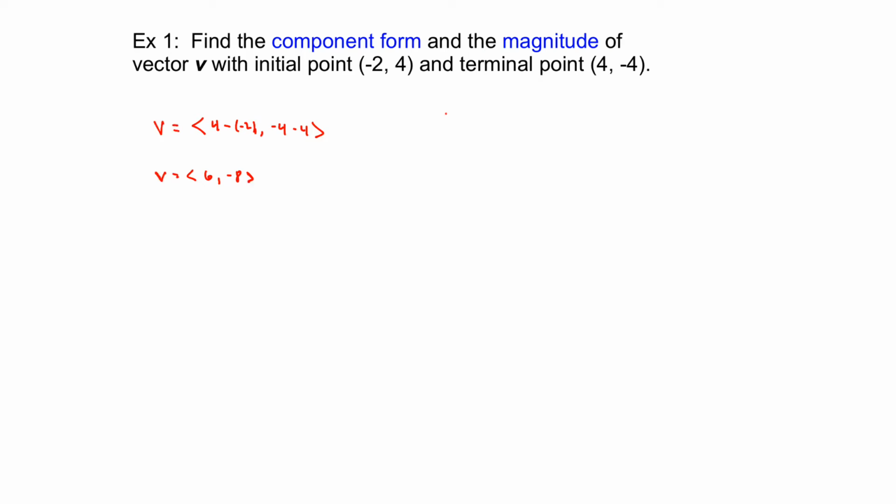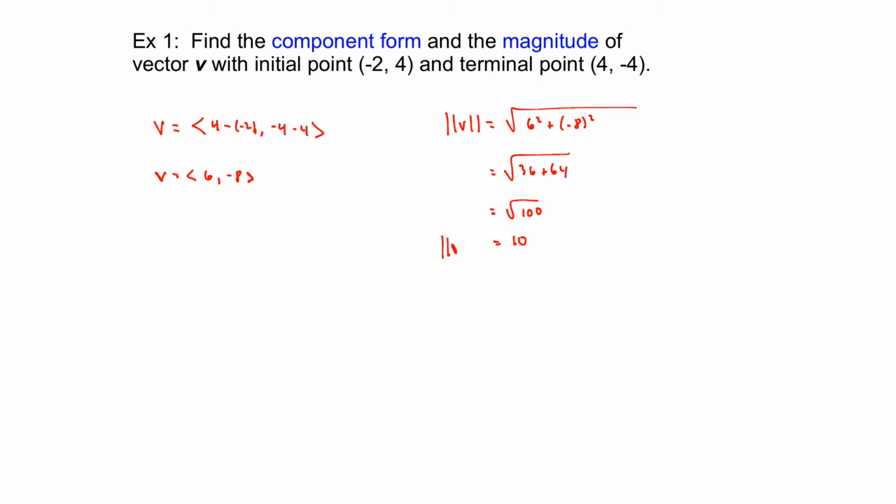Now to find its magnitude, we're going to use the distance formula. We've already done the subtraction when we did 4 minus negative 2. So now we just need to take 6 squared plus negative 8 squared. That'll be 36 plus 64. So the square root of 100 is 10.